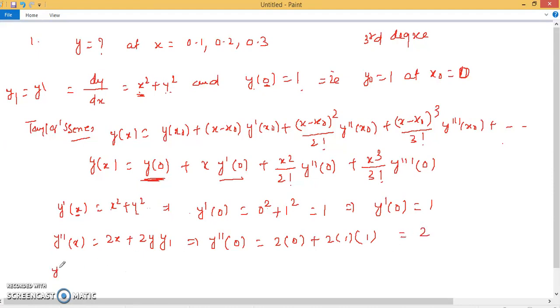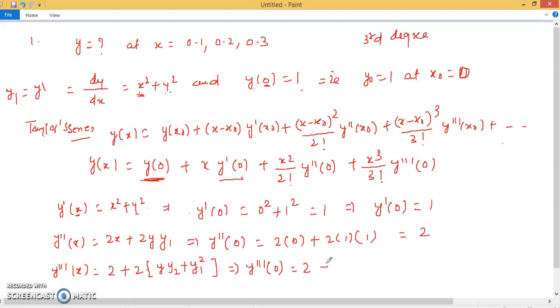Similarly, when you are finding y triple dash of x, you differentiate first. The differentiation of 2x is 2, plus 2y into y1, where you have to apply the product rule. So 2 is the constant, the differentiation of y into y1 is y2 plus y1, and the differentiation of y is again y1, which means y1 square. So we can substitute the value of y triple dash of 0 is equal to 2, there is no x.